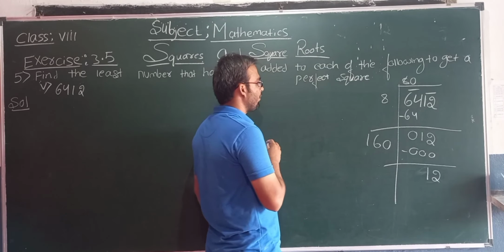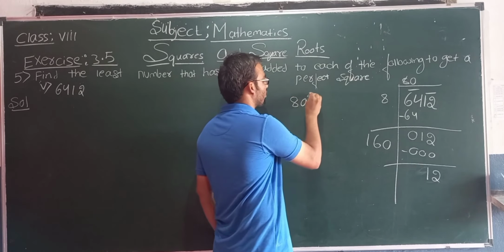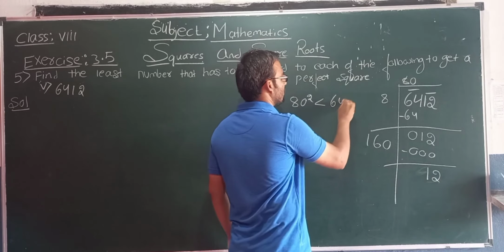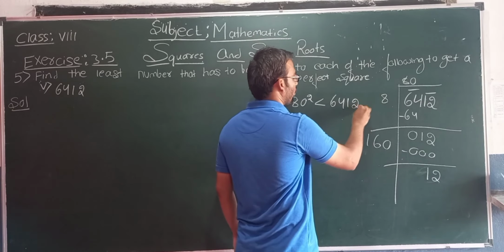What is meant by that? It means that 80 square is lesser than 6412. Why?